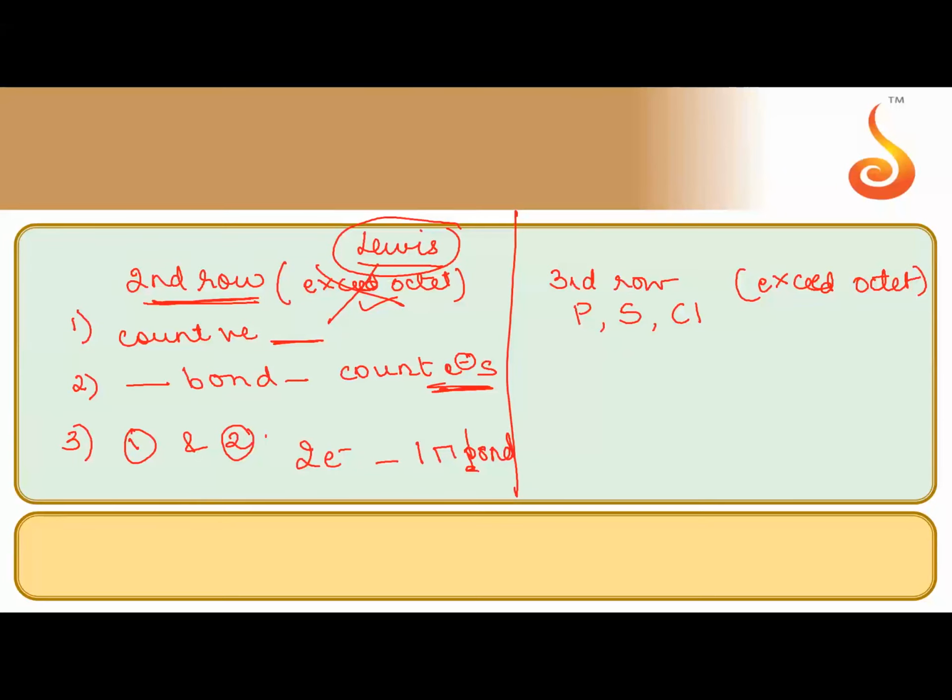But when you have phosphorus, sulfur or chlorine as the central atom, then those atoms can expand their octet. So you should not be counting the octet for them. In such cases, it becomes easier if you see the charge. For example, like yesterday, we had the compound ClO3 minus.